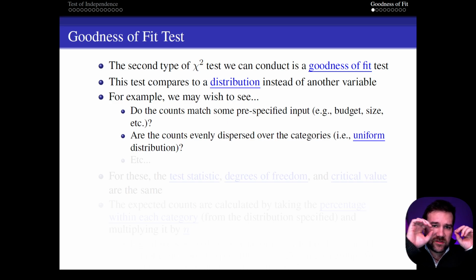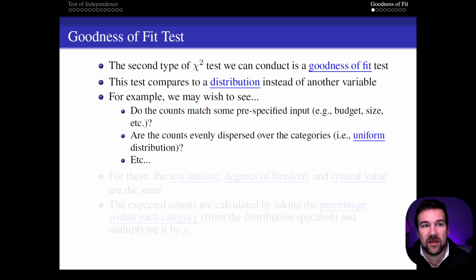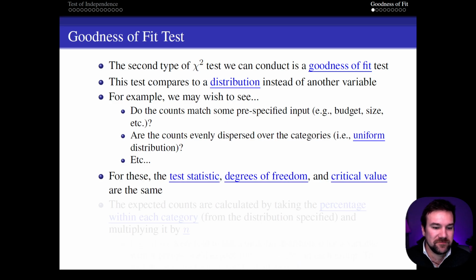Uniform distribution just says everybody is the same, and see if my counts match that. Or anything else. Another one we had is the normal distribution, where essentially I make quantiles based on a normal distribution and build in categories for that.